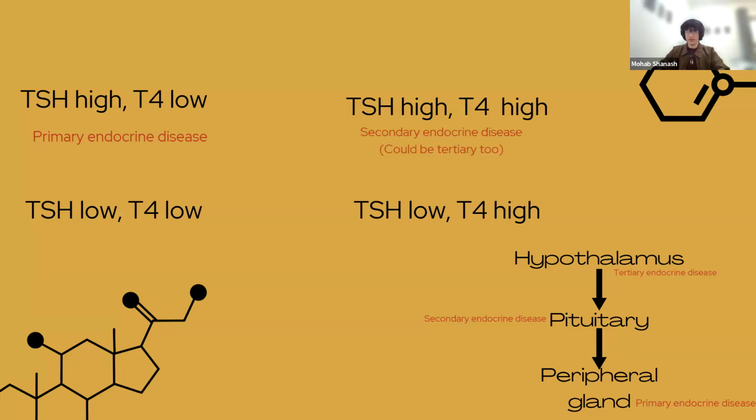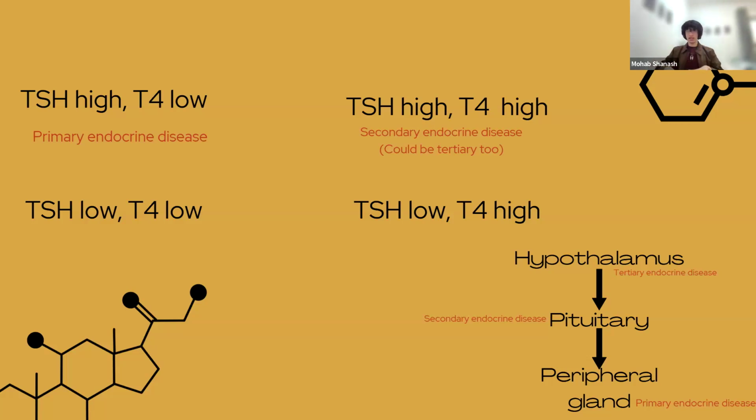It could be a secondary endocrine disease or tertiary. Secondary means it's a problem with the pituitary. Tertiary means it's a problem with the hypothalamus. So, TSH is high, the pituitary is doing its job. T4 is high, the peripheral gland is doing its job. So you might ask, what's the problem? The problem is, the pituitary is doing its job too well. Like we said, we have a long feedback loop.